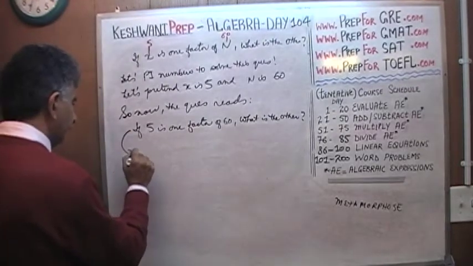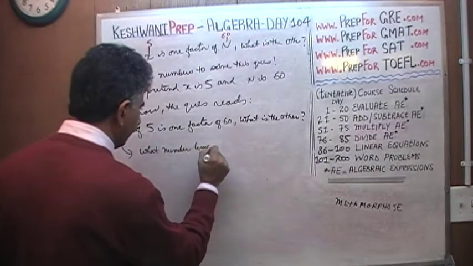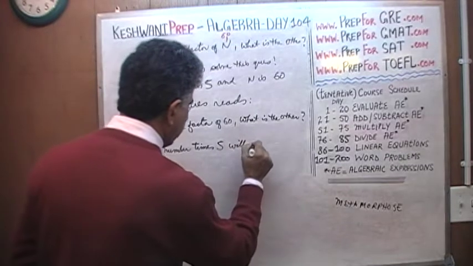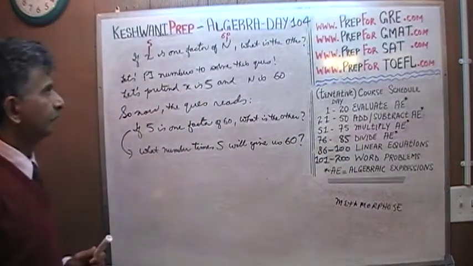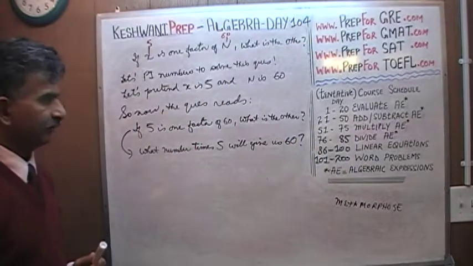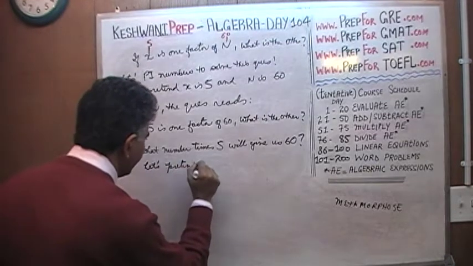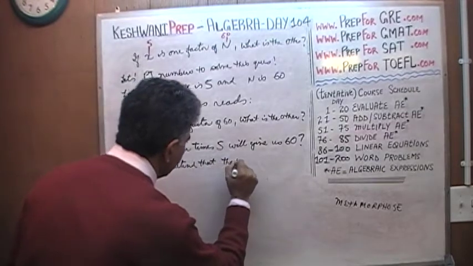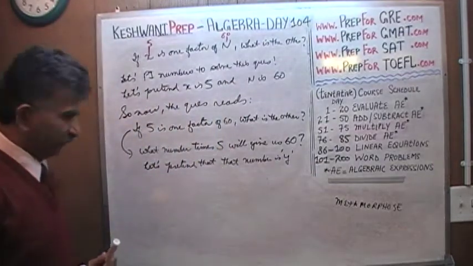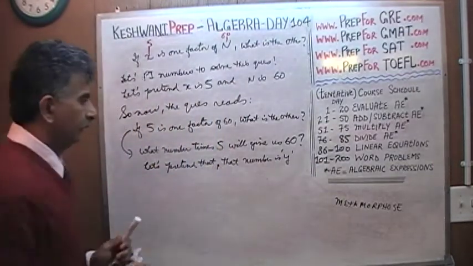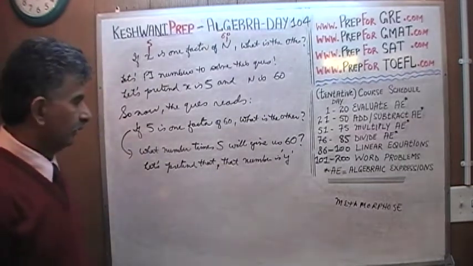What we're being asked here is, what number times 5 will give us 60? Let's pretend that the number we're talking about, the other number, is y.